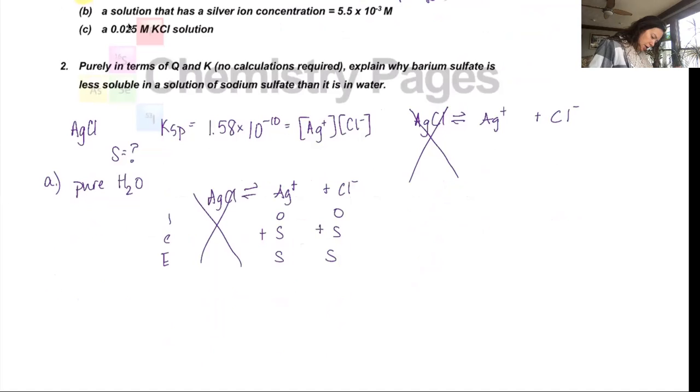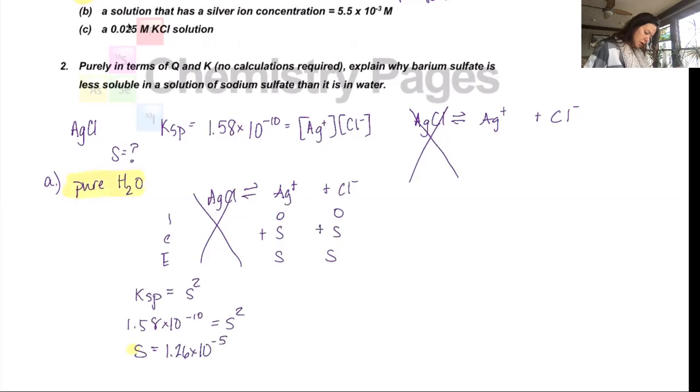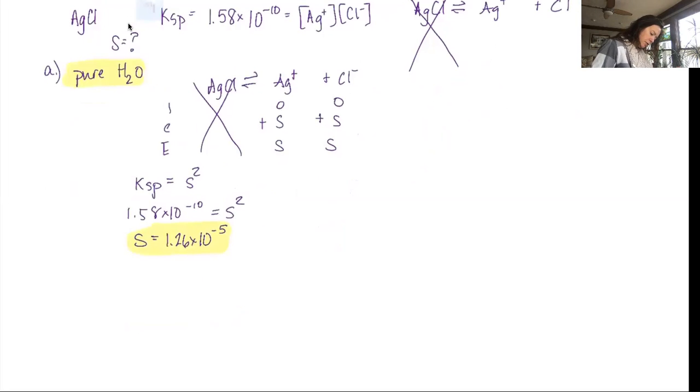So here I know that if I were to solve for S, I would have my KSP equals S squared. 1.58 times 10 to the negative 10 equals S squared. S equals 1.26 times 10 to the negative fifth. So in pure water, this is the solubility, in moles per liter.